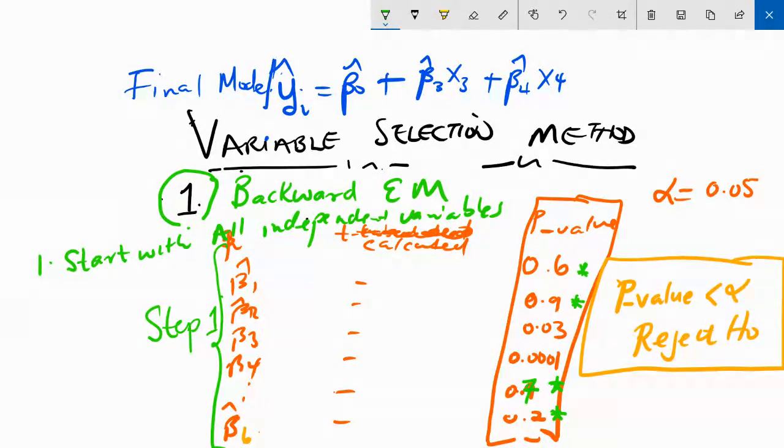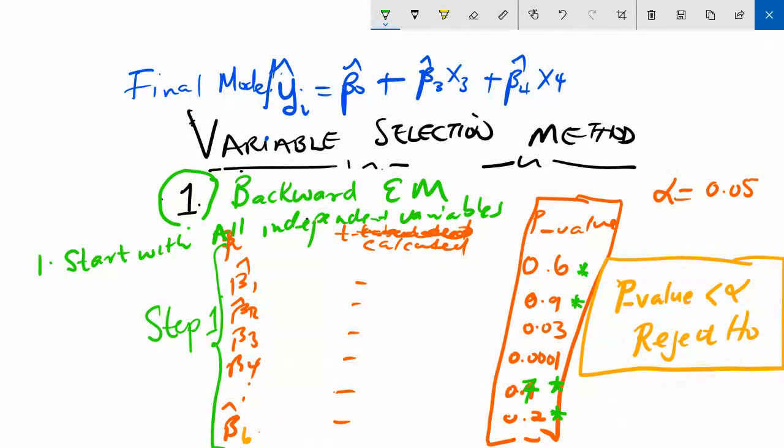So beta 2 here. When you say you remove, you are not removing the coefficient, you remove the independent variable. Which independent variable will you remove? X2. X2 will be the first variable to be removed in the model.